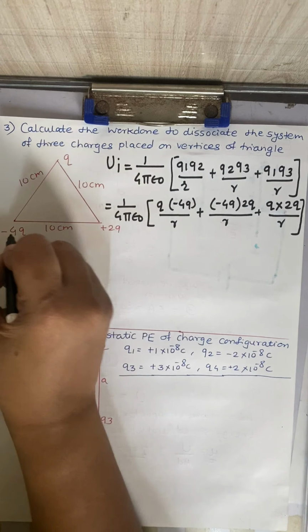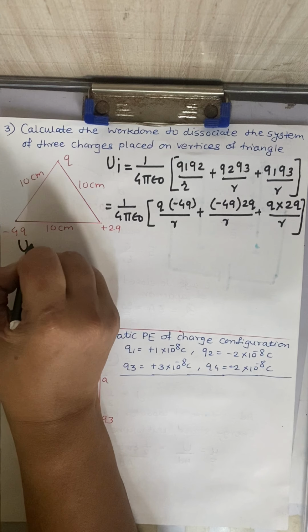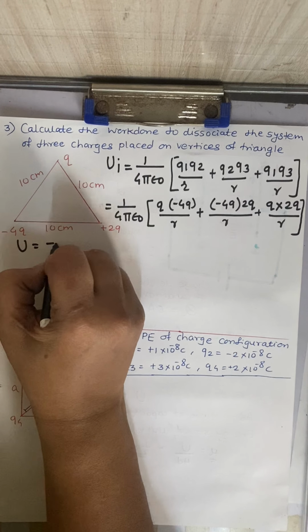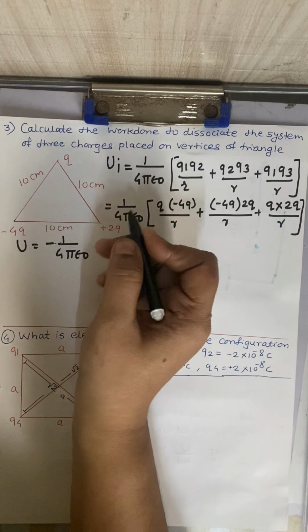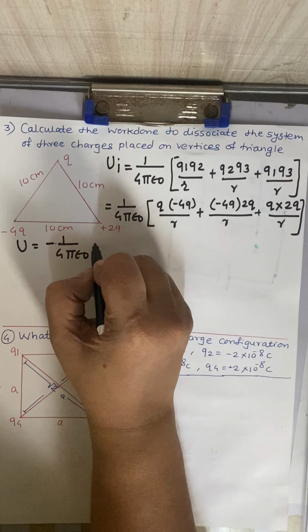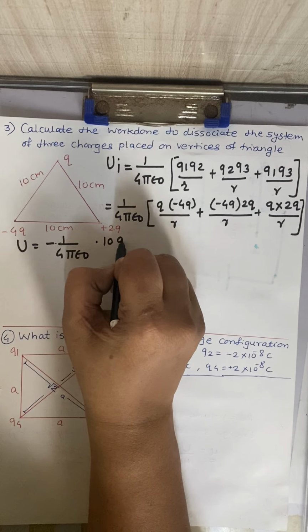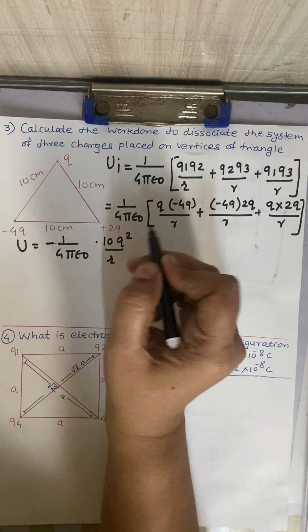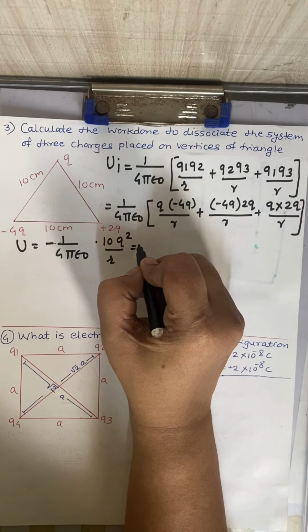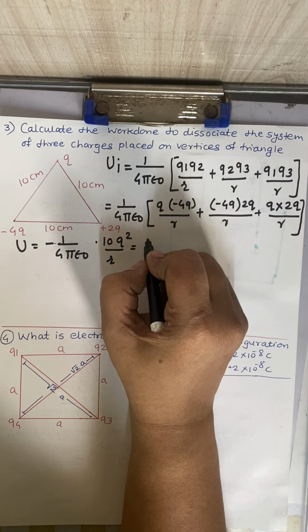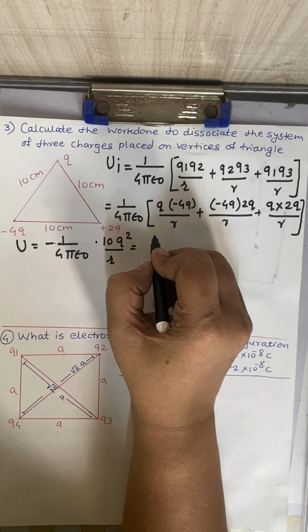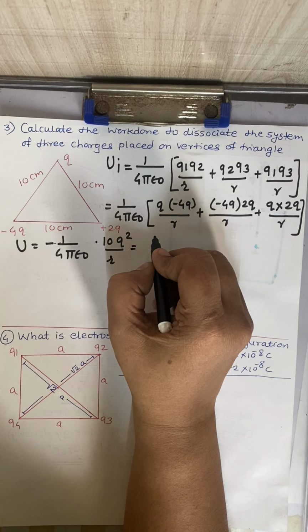Now this is initially the total energy of the system of charges. If we solve this completely, I can get U is equal to minus 1 upon 4 pi epsilon naught 10 q square upon r. They have given that the value of q is 1.6 into 10 raised to minus 10 coulomb.